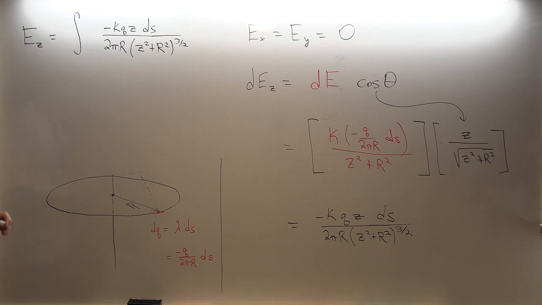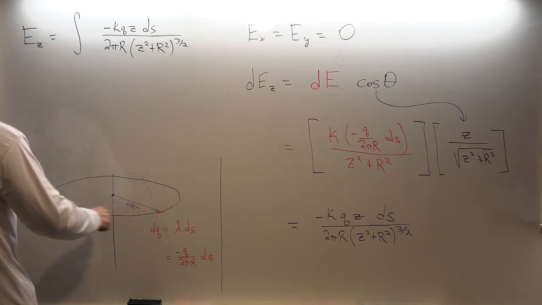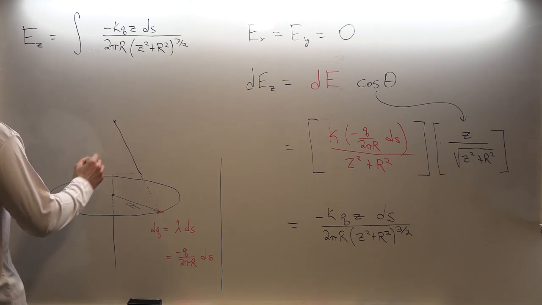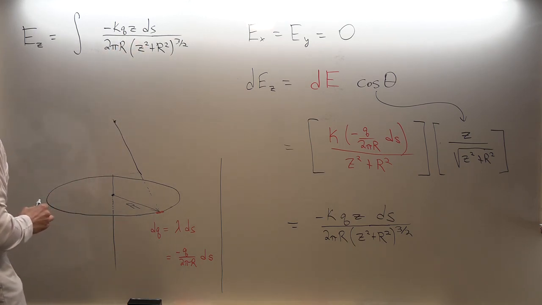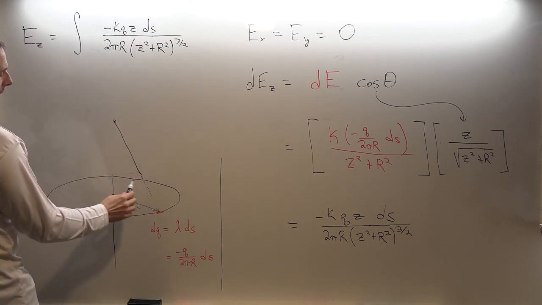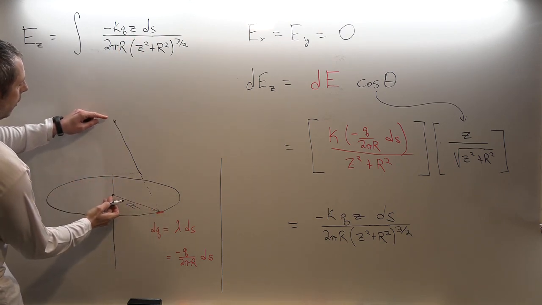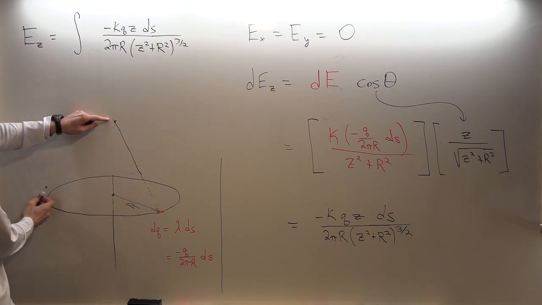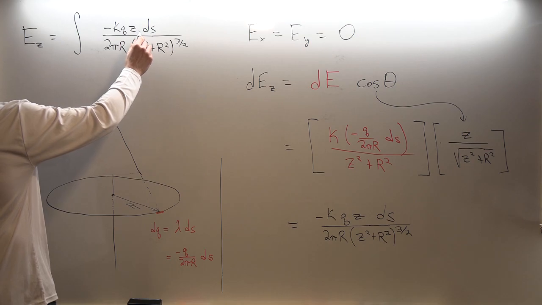Now, this may look like a very complicated integral, but as I'm integrating around this ring, the z-coordinate's not changing. Well, k and q aren't either. Q is the total charge. The z-coordinate's not changing as I'm going around this ring. All the points here are a certain z below that point. So that doesn't change.